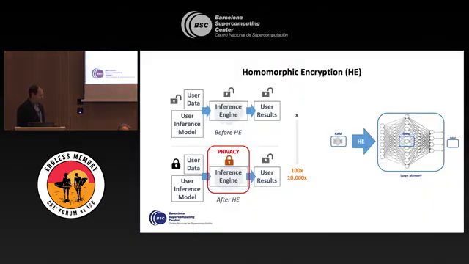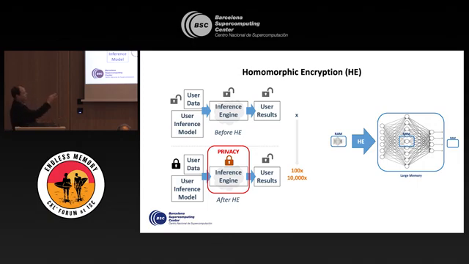So there is a technology called homomorphic encryption, which enables computations on encrypted data without the need for decryption. And this is how it works. We could encrypt our inference model or our user data, send it to a cloud for doing the inference tasks already encrypted, and then get the results back, and only then decrypt those with our private key.